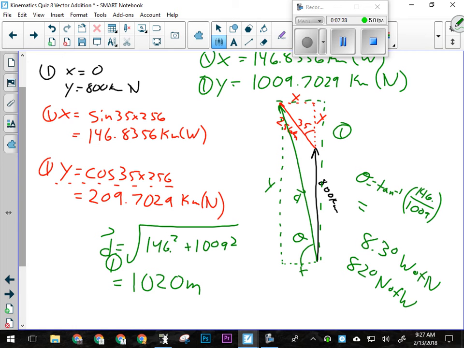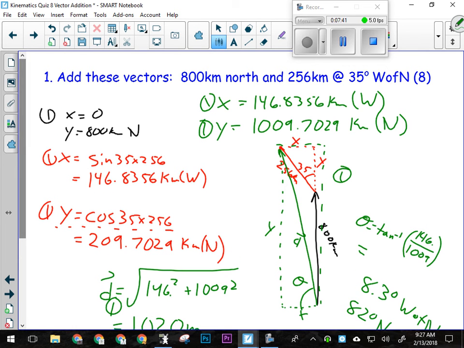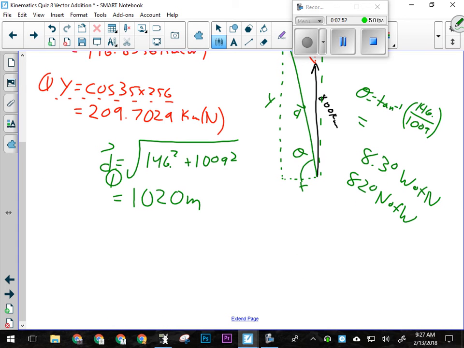Our answer can only have two significant figures because the angle only has two significant figures, and we used it to calculate things that helped us arrive at our final answer. This is worth a mark here as well, so that should be 7 there, and then this will be our 8th and final mark.